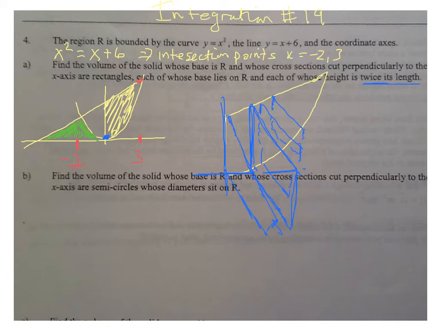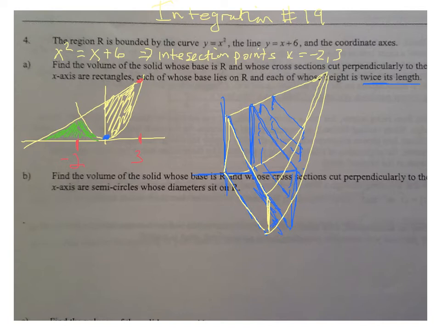So we're going to have an object that ultimately has a rectangular end to it, and if you cut through as though you're cutting a slice of bread, each one of those slices would be a rectangle. Hopefully my diagram helps you a little bit anyway.